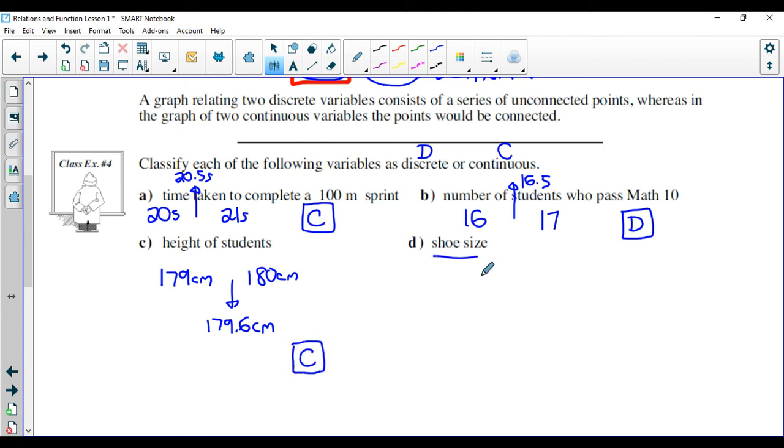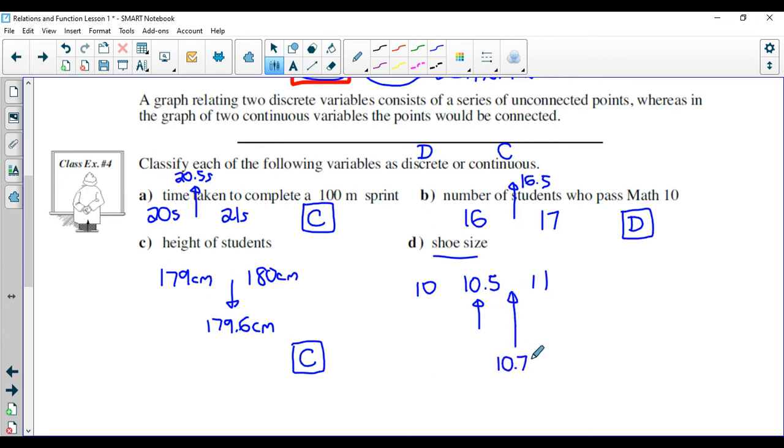How about shoe sizes? Well, I think most shoe sizes go up by 0.5. So you can have a shoe size of 10.5, a shoe size of 10, a shoe size of 11. At first glance, you're like, okay, you can have an intermediate value between 10 and 11 because it would just be 10.5. But what if you looked at another intermediate value?